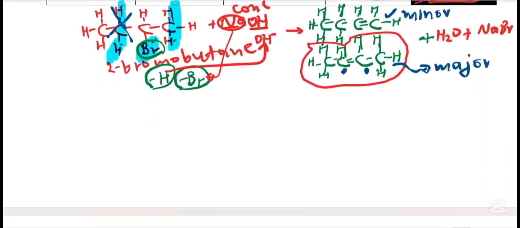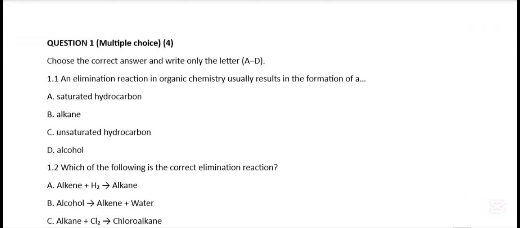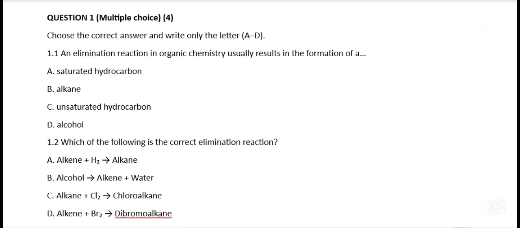Question number 1. Elimination reaction in organic chemistry usually results in the formation of? Option number 1, a saturated compound. No, this is out.